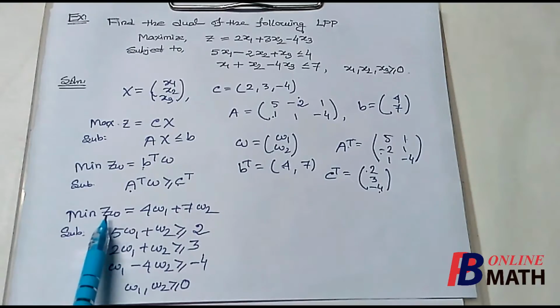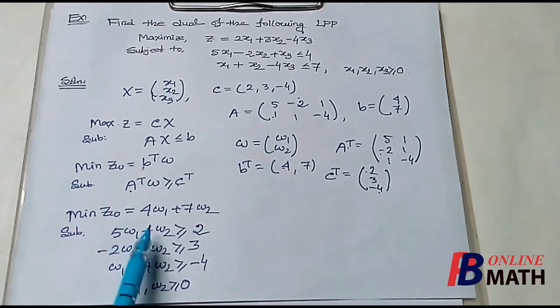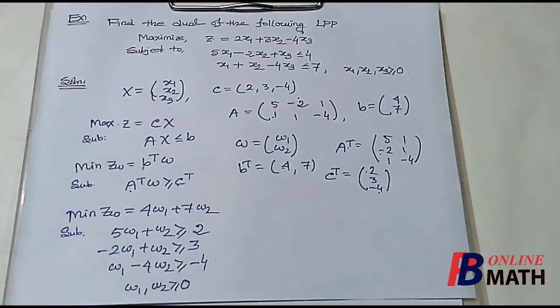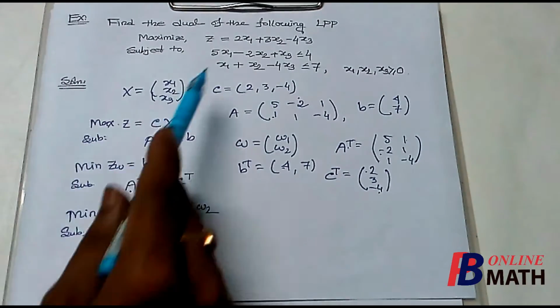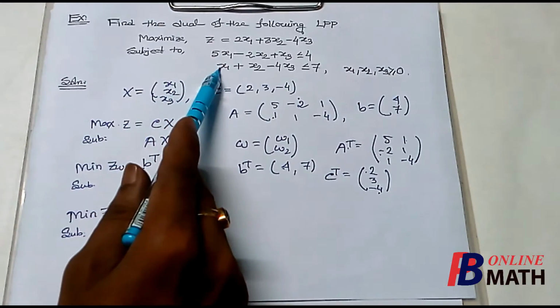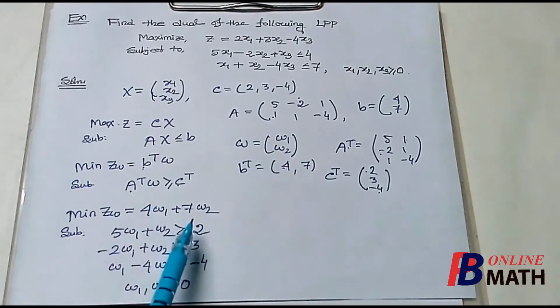So the objective function Z omega will be 4 into omega 1 plus 7 into omega 2, and the first constraint will be 5 into omega 1 plus 1 into omega 2, greater than or equal to the first cost value 2.